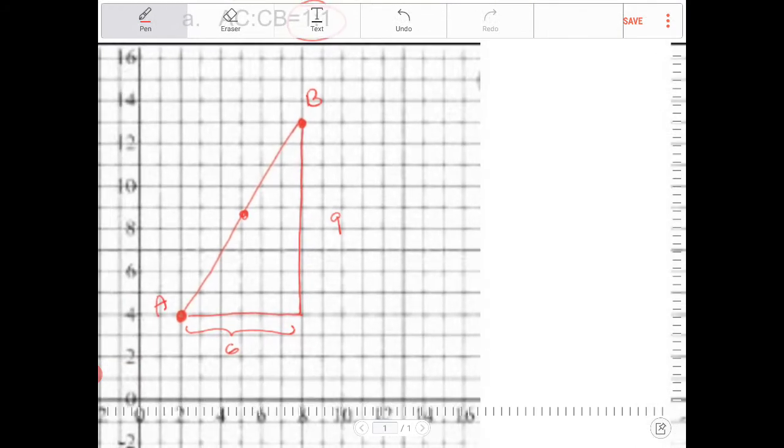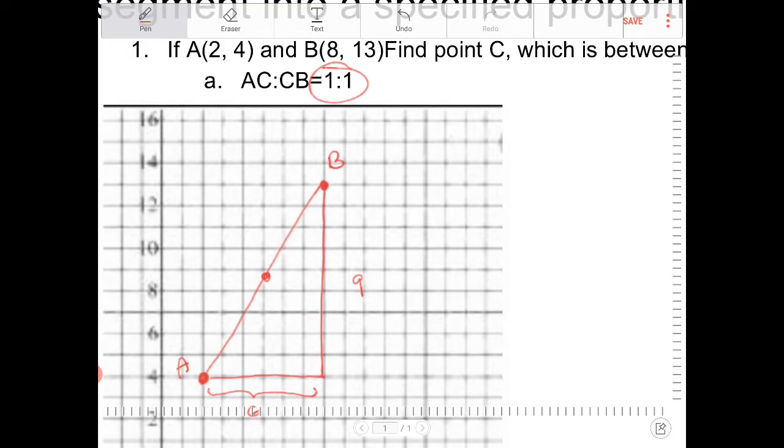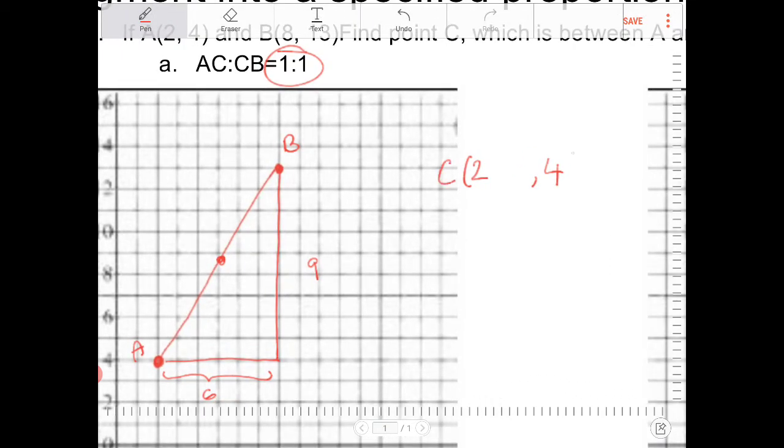From A, which was originally at (2, 4), point C will be 3 to the right and 4.5 up. Isn't that what it means to go to the midpoint? I'm going to go half of each of these components. So C will end up being (5, 8.5).